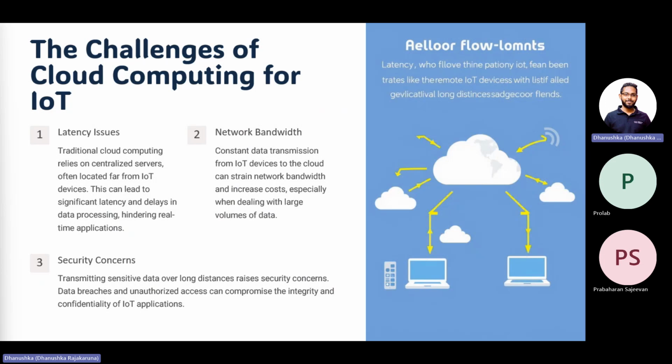For the solutions, we can say data filtering and aggregation, like processing and summarizing data locally to reduce the volume transmitted. Adaptive protocols use lightweight communication protocols like MQTT and CoAP, or fog computing. Fog computing is also a solution for the bandwidth challenge by introducing intermediate processing nodes to share the bandwidth load.